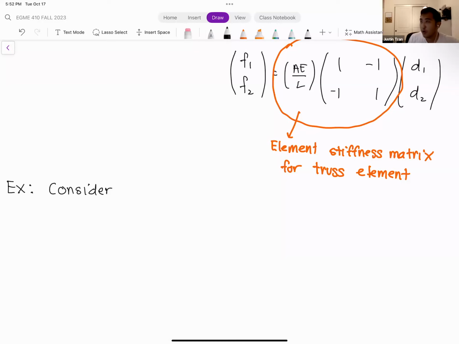For this example, let's consider the following 3-bar assembly.